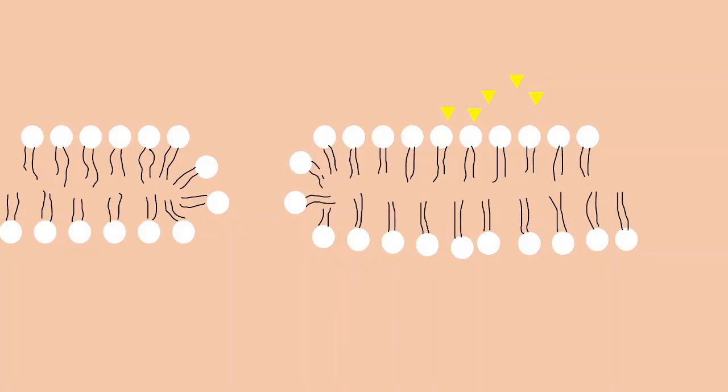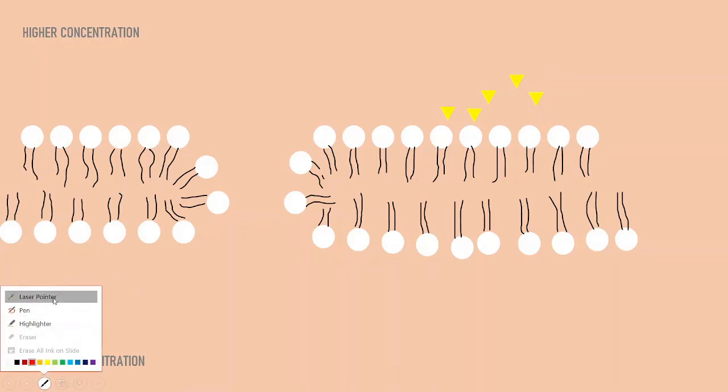So in case of passive diffusion, there is a higher concentration and a lower concentration, and we have our cell membrane. This cell membrane is lipophilic in nature on the outside.